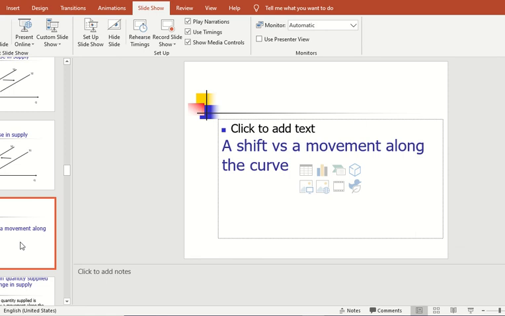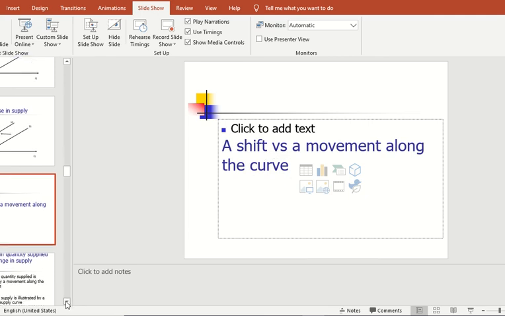Similar to the demand side, we are very particular about our language here, the wording. There is a difference between a shift of the entire supply curve versus a movement along the supply curve.